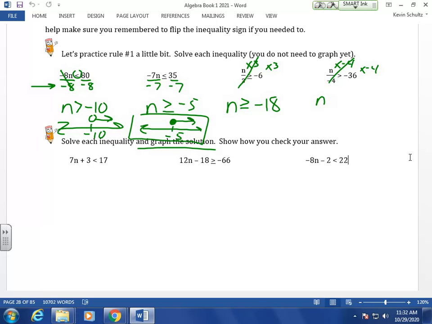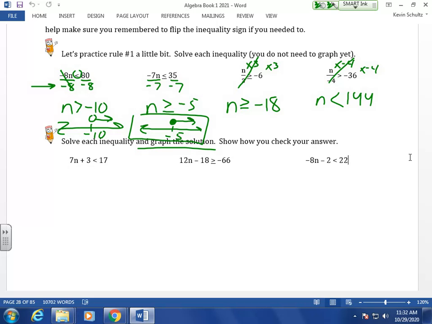Yes, because we are multiplying by a negative. Negative 36 times negative 4 gives us positive 144. So the sign of that solution side changed. We went to the other side of the number line, and so yes, we do flip our symbol. Okay.